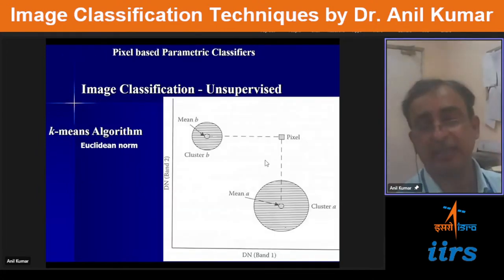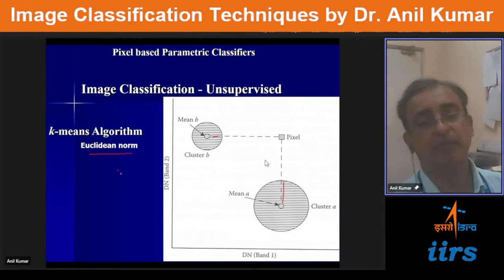So here you can see an example of the C-means algorithm. It is basically finding out whether this pixel belongs to this class or not. For this pixel here, the distance is minimum, so it is labeled class B, not class A, because here the distance is more. This is the Euclidean norm, the normal distance equation, the Euclidean distance.